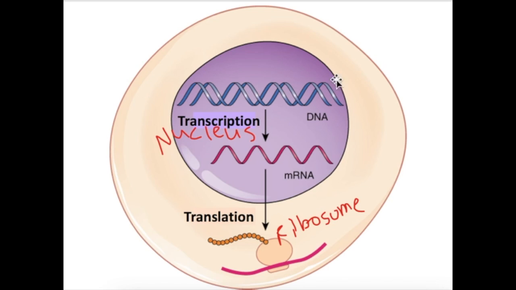And translation is the one that happens out here in the cytoplasm. So again, we start with DNA, make mRNA, that's transcription. Happens in the nucleus. Take the mRNA, send it out to a ribosome for translation, and that happens in the cytoplasm. And remember, if I'm a prokaryote, no nucleus, everything happens in the cytoplasm.